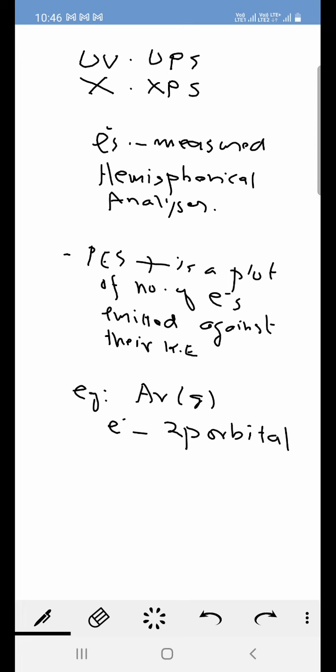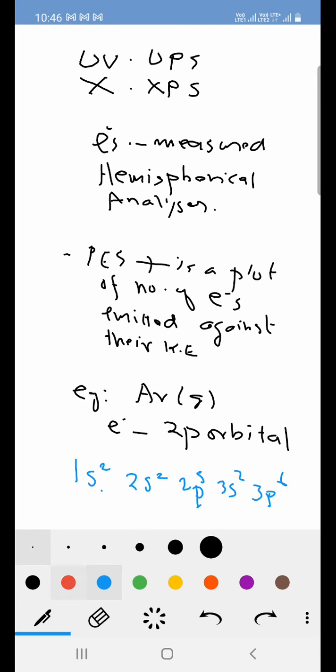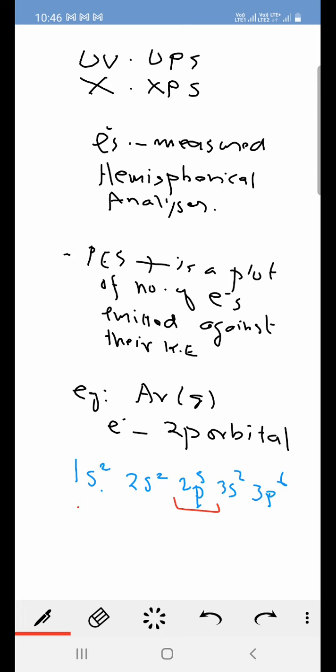So the configuration of argon is 1s2, 2s2, 2p6, 3s2, 3p6. So here this is from where the electron has been ejected.